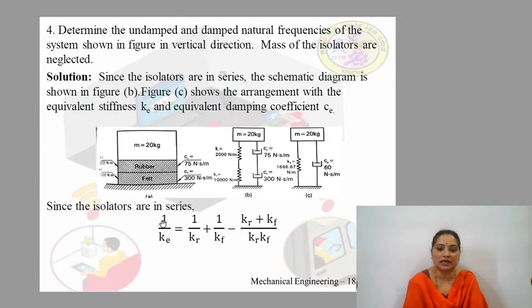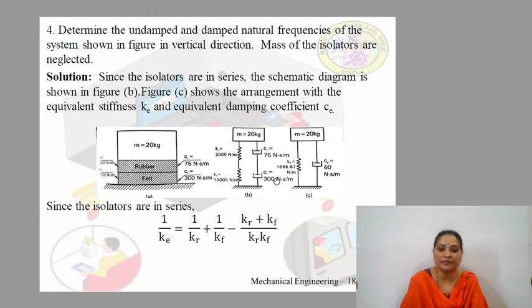So here rubber and felt act as a stiffness as well as a damper. Therefore we can write them as shown in figure B: two springs that are in series and two dampers which are in series. The values of C1 and C2 and K1 and K2 are as shown in the figure.